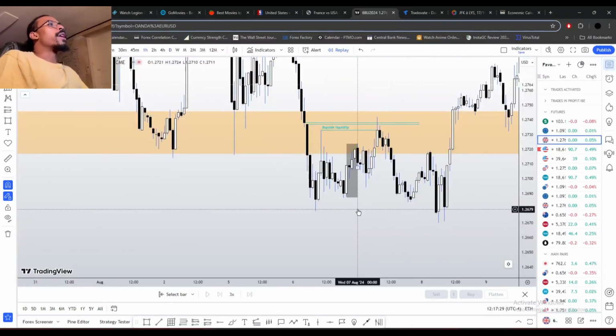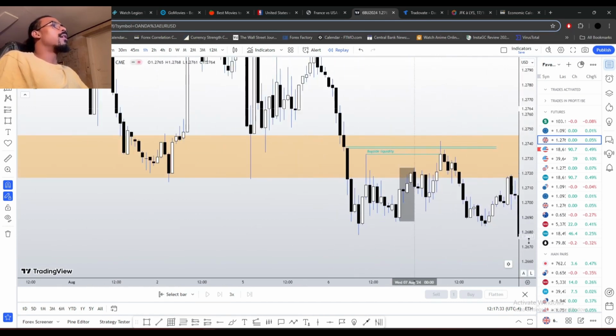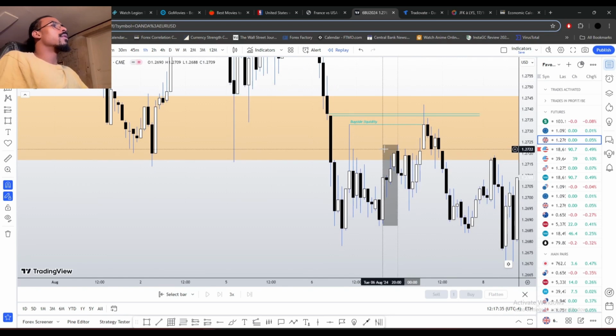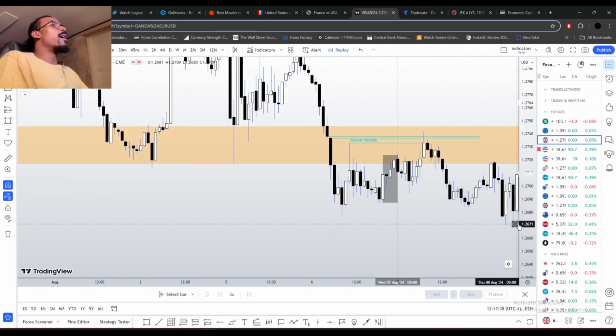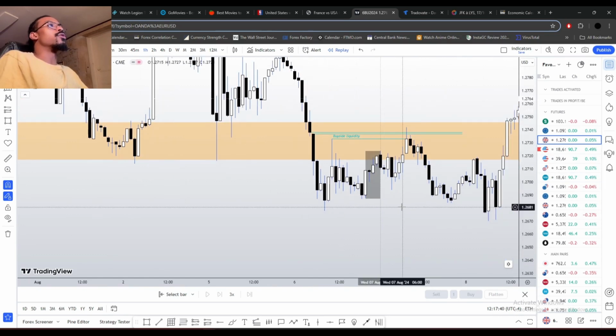Okay, so my first trade was on Wednesday with GU. Now, before I'm looking to take a trade, I want to see if price trades up first into my premium array and builds up sell side liquidity, right? So you have Asia here, right? Asia range here, okay?